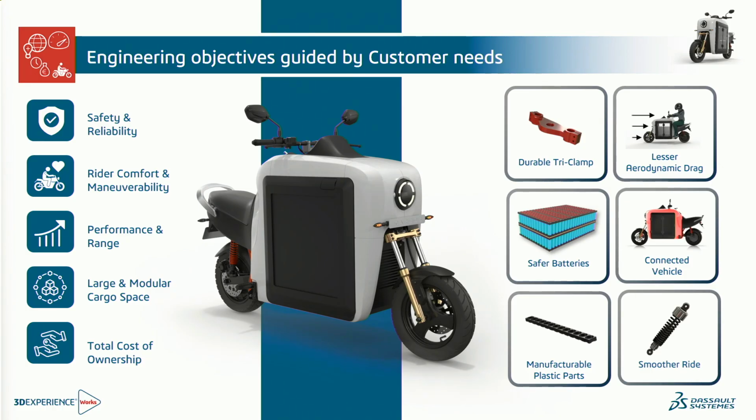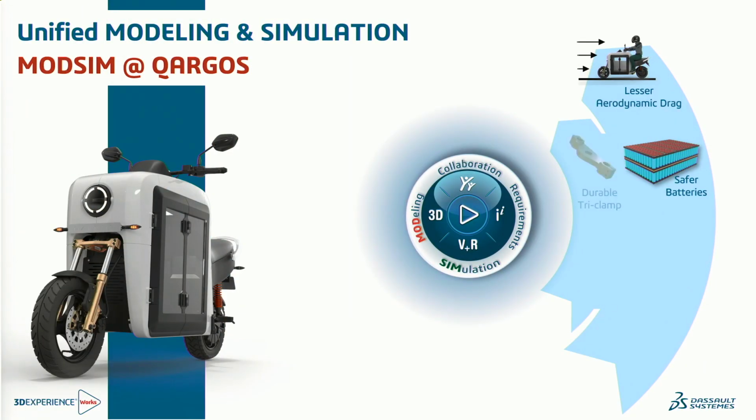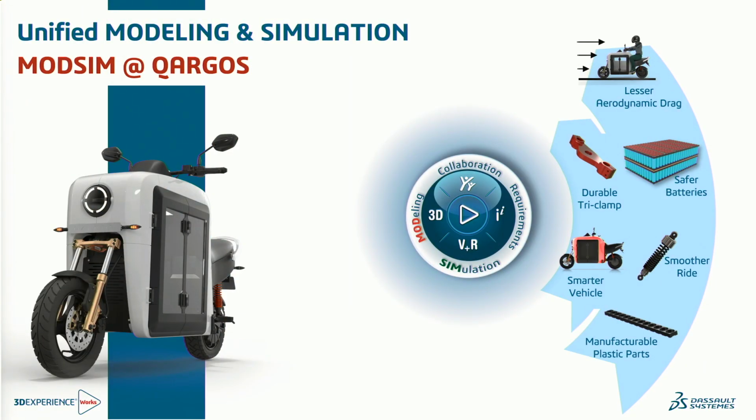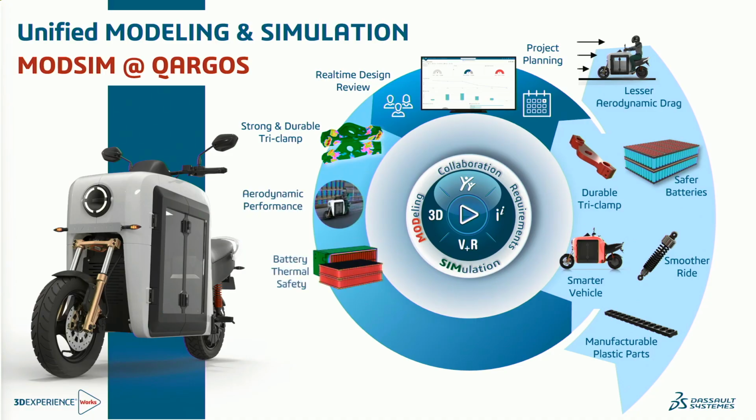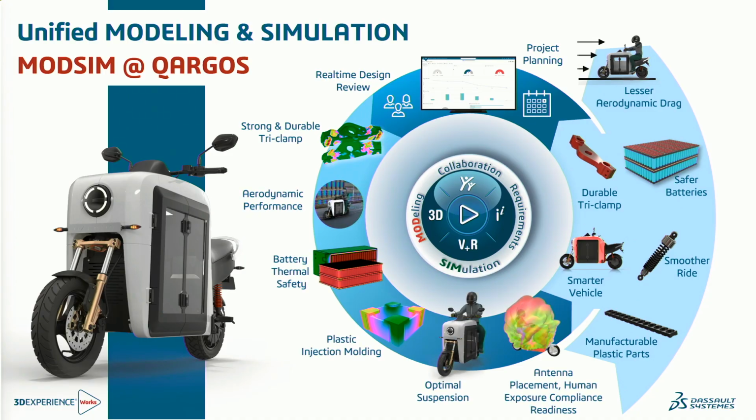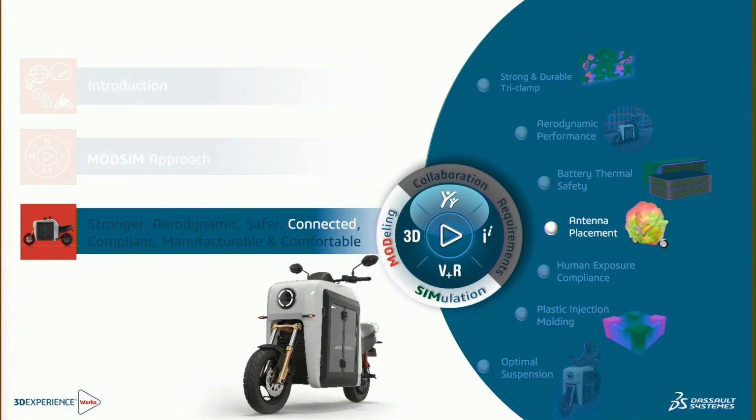They looked at structures, aerodynamics, battery cooling, rider comfort, etc. But we're going to focus on two things they did, which were making the vehicle connected as well as compliant. They did a lot of different studies to do that, various study types, but again, we're going to focus on the electromagnetic side of it.